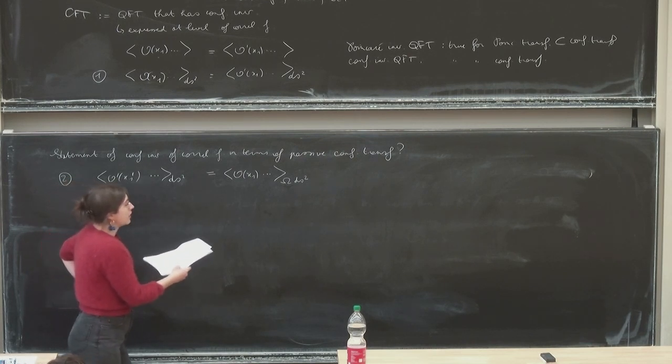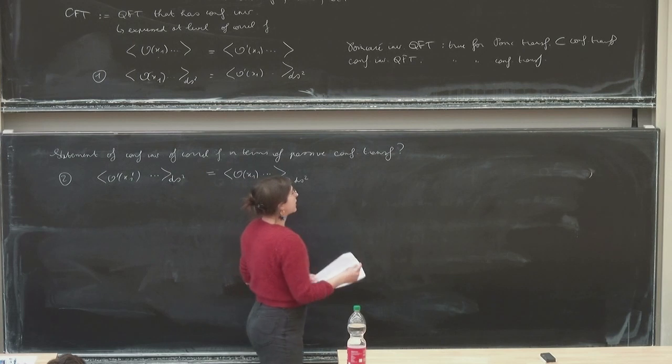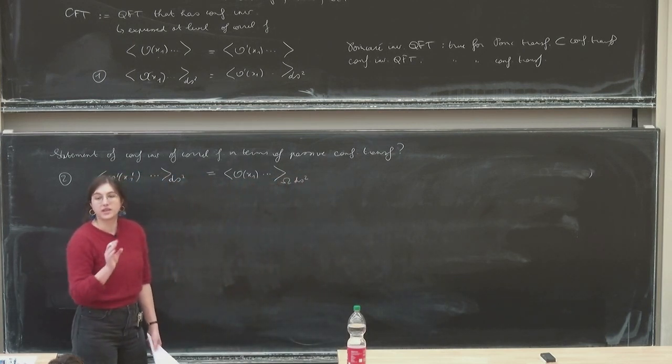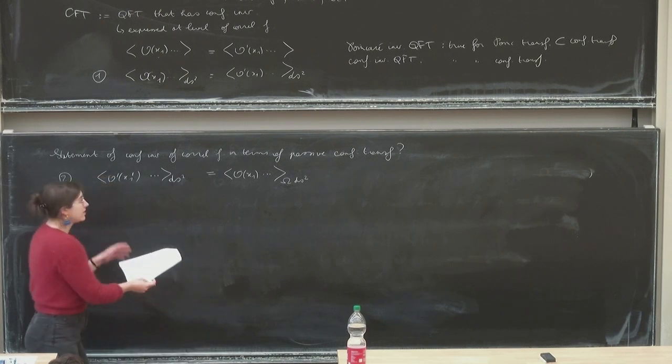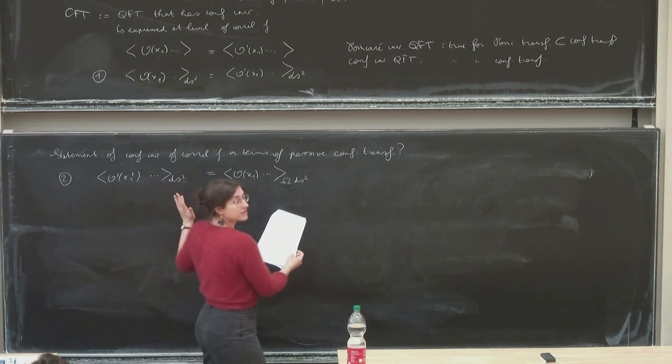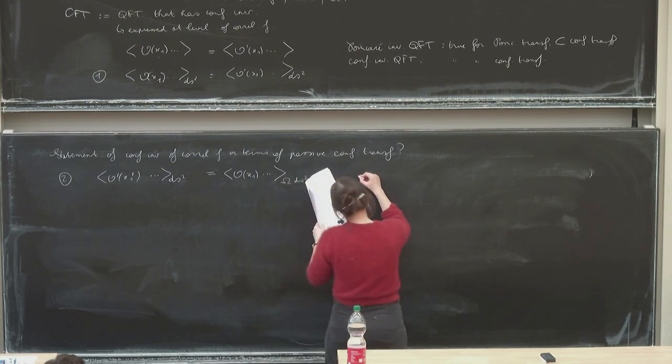Okay. And so when I say things like the CFT does not care about Weyl factors in the metric, this is really the statement that I mean, is that there's this form of invariance. Okay.